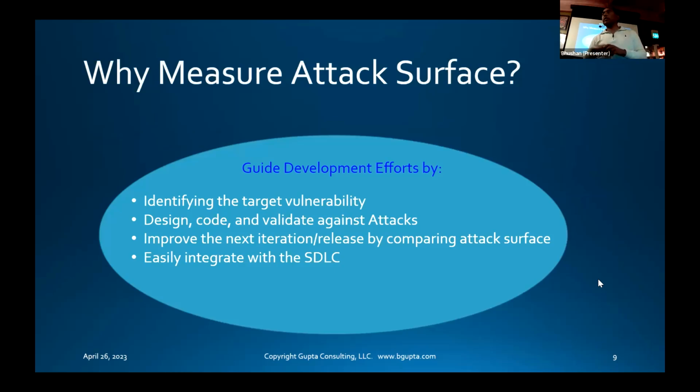All right. So what do we really want to do? We want to guide our development according to the attack surface. What that basically means is, let's find out what targets are vulnerable. It could be the data, it could be system hardening, whatever the vulnerable targets are. Let's find out those. And we'll go beyond that. Out of those targets, which are the important targets? We will try to rank them.